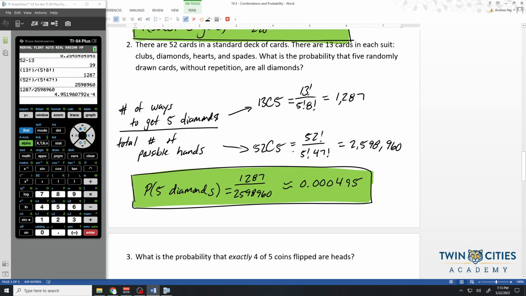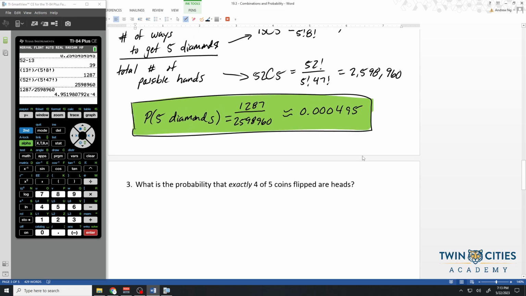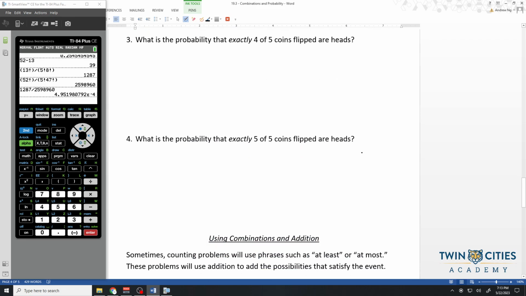All right, we talked about cards. Let's talk about coins. What is the probability that exactly 4 of 5 coins flipped are heads? So exactly 4 out of 5 coins are heads. Well, the first thing we need to do is select 4 of 5 coins to be heads.